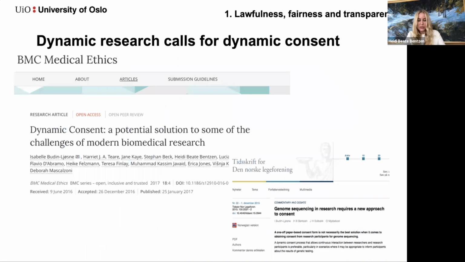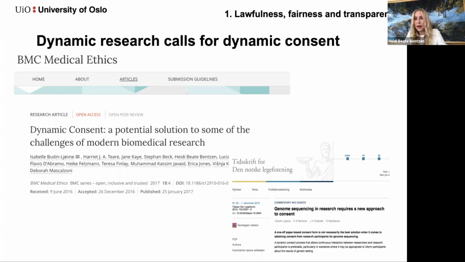With genetics research, we have a bit of a problem in the sense that it's so dynamic. Well, it's not really just a problem, it's very nice, but it also means that it's challenging to keep the consents valid, because the information you have provided a couple of years ago might be very out of date at this moment.